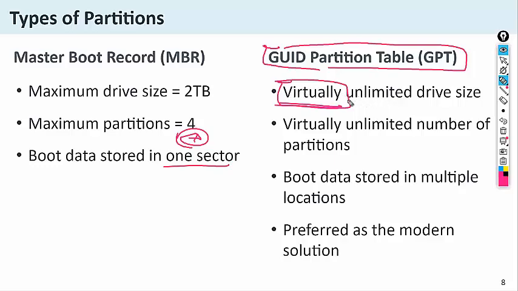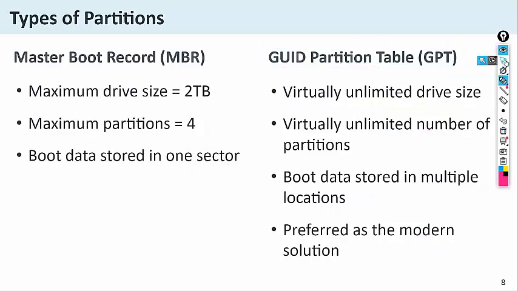That is the reason it supports unlimited size and an unlimited number of partitions. Boot data is stored in multiple locations. This is the modern solution and it is preferred by everyone to create a GPT partition in your system.